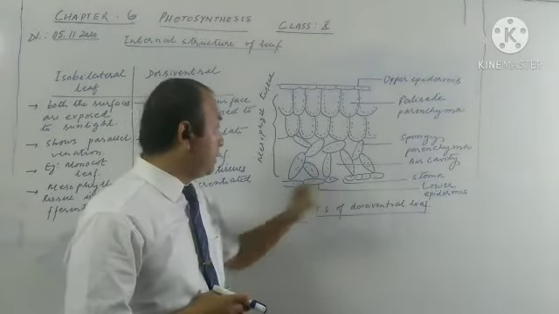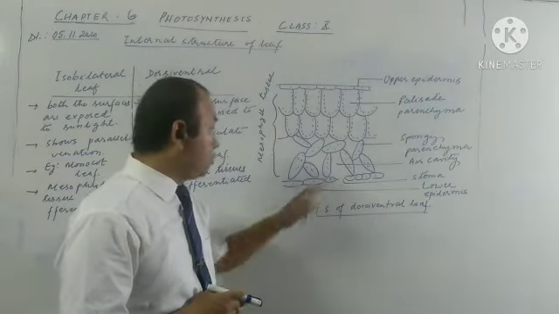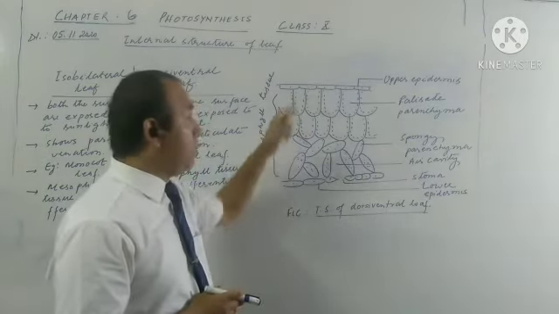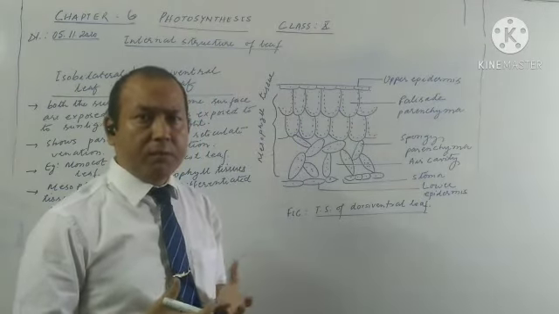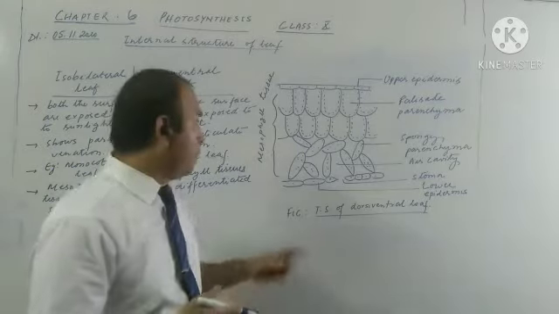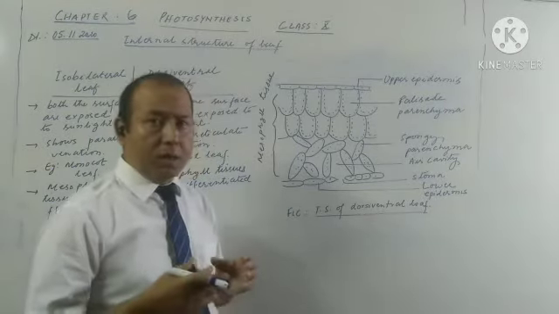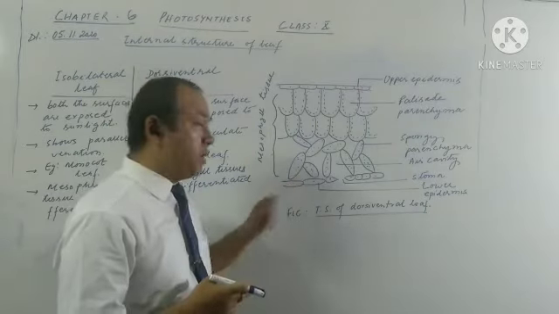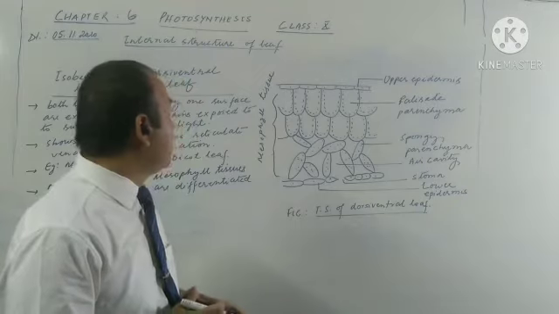The lower epidermis is again compactly packed, and is usually with the stomata. In dorsiventral leaf, in the upper epidermis, we do not find stomata, either they remain absent or are present in fewer number. But in lower epidermis, as compared to upper epidermis, the number of stomata is usually large.